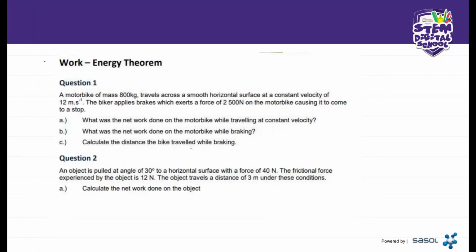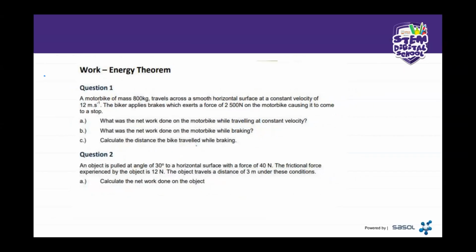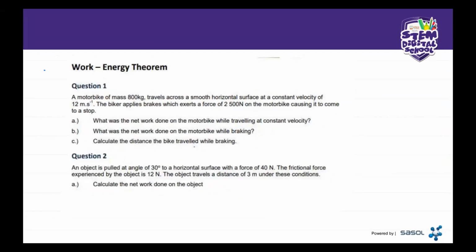Okay, so we're working through all the mechanics problems, all the paper one problems. So like I told you guys, these topics, like this one that's written here, is not something that you're going to be told. They're just going to give you a question and you're going to have to figure out what kind of a question it is. So like this one, you have to know here already we have a mass on a smooth horizontal surface at constant velocity.